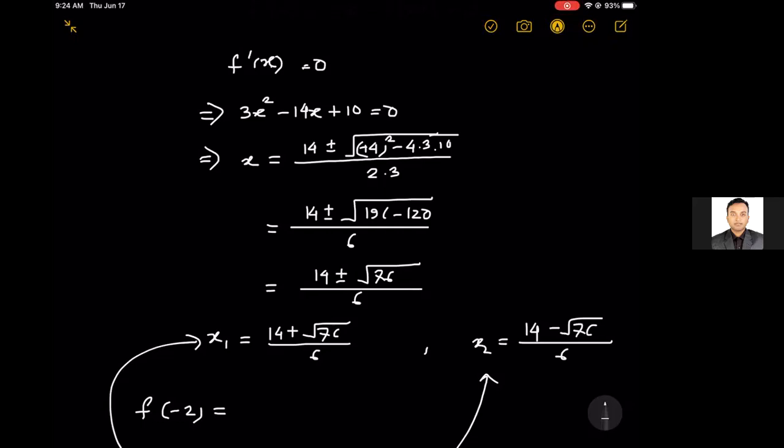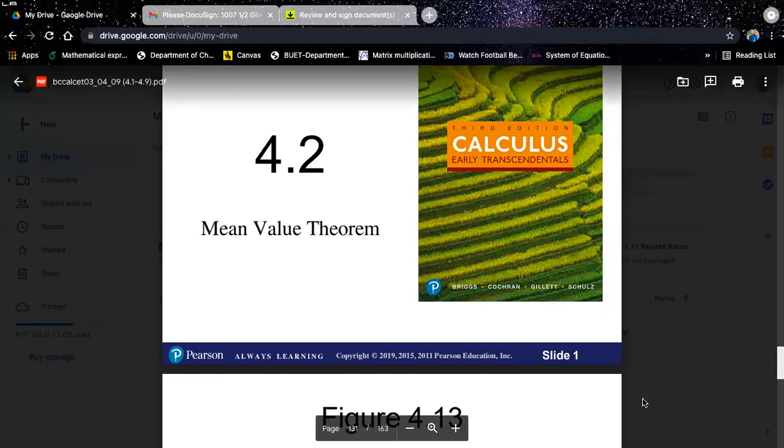All right. Any question from the slide 4.2? Because now we'll start 4.2, which is a very good theorem, and you will be using this obviously if you move forward with calculus in future.